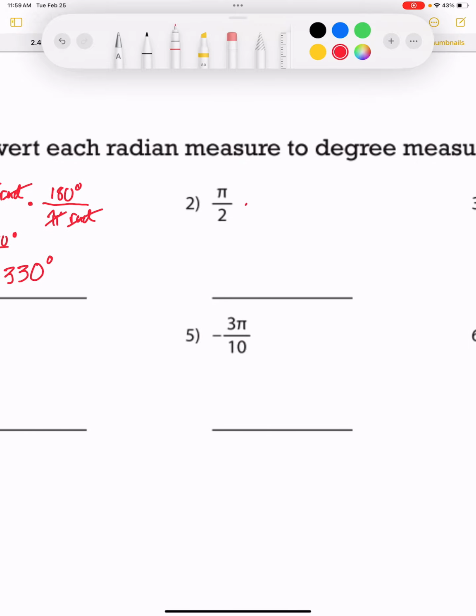Again, if you want to write radians to help you understand which one you're going to be canceling out, like, hey, this is in radians in the numerator, let me say radians in the denominator. I know pi, and then I know 180 degrees. The radian cancels out, the pi cancels out, and now we have 180 degrees divided by 2, which is 90 degrees. So pi over 2 is the same as 90 degrees.